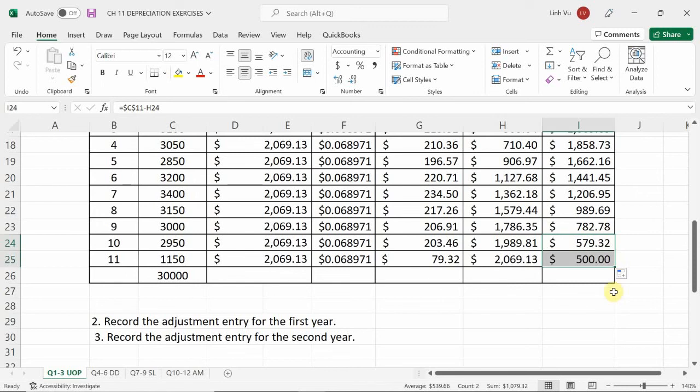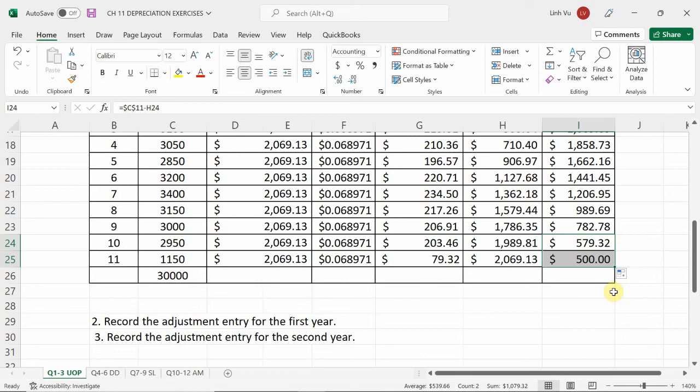Because at the end of the day, the capacity is what we're looking for. We can't go over 30,000 units. If you're relying on your salvage value, you could figure that out by working backwards: taking your salvage value, figuring out your accumulated, then your depreciation expense, and ultimately how many units would be left.